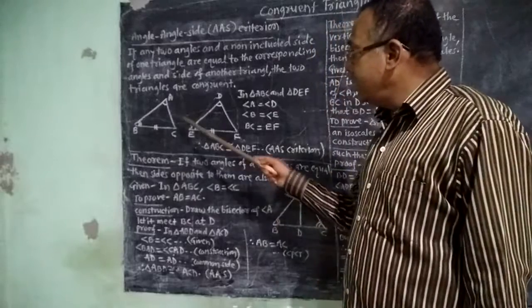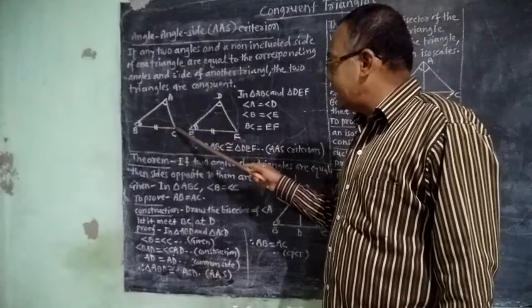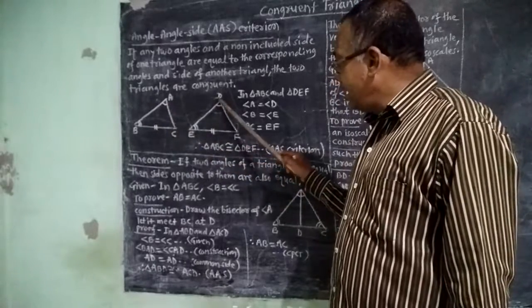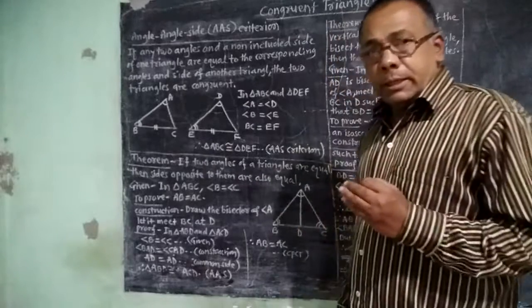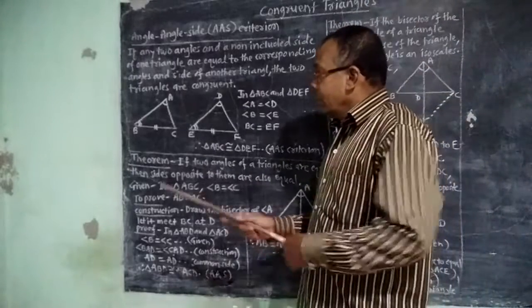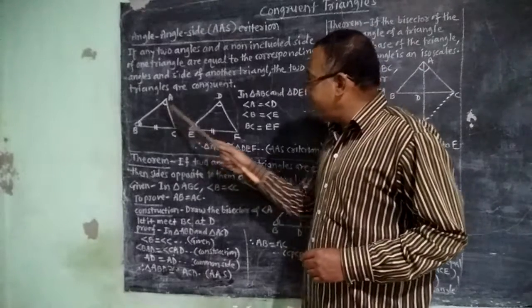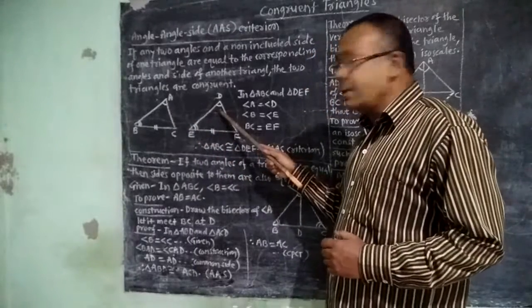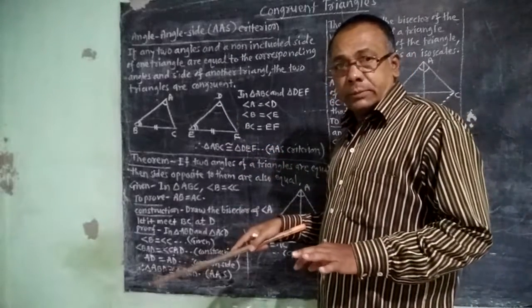Here I have drawn two triangles, namely triangle ABC and triangle DEF. It is seen that angle A of triangle ABC and angle D of triangle DEF are the corresponding angles.